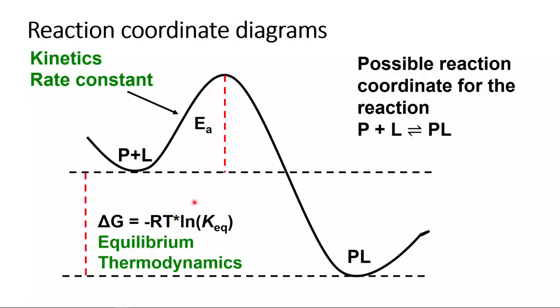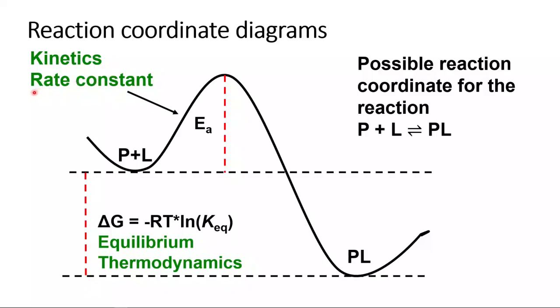What we haven't discussed so much is kinetics, and for now, let's suffice it to say that the activation energy gives us information about kinetics, or how fast the reaction goes from the reactants to the products, which is what we mean when we talk about kinetics.